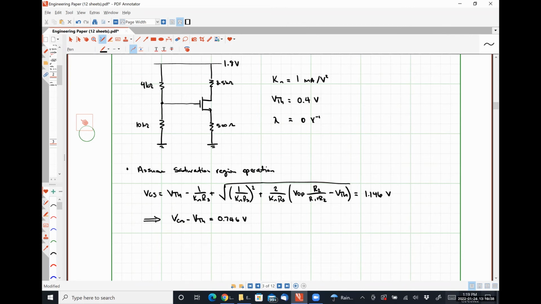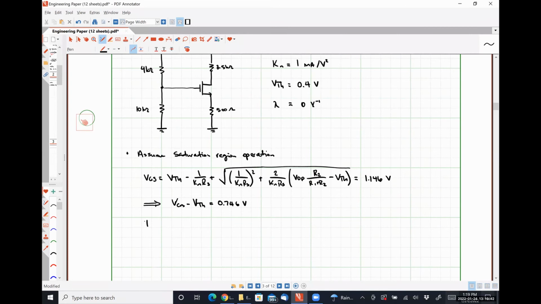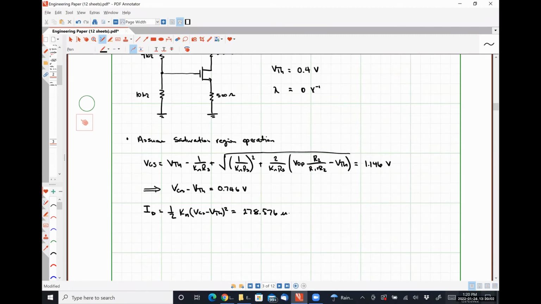I could then determine ID, 1/2 Kn times VGS minus VTH quantity squared, which would yield a result of 278.576 microamperes.